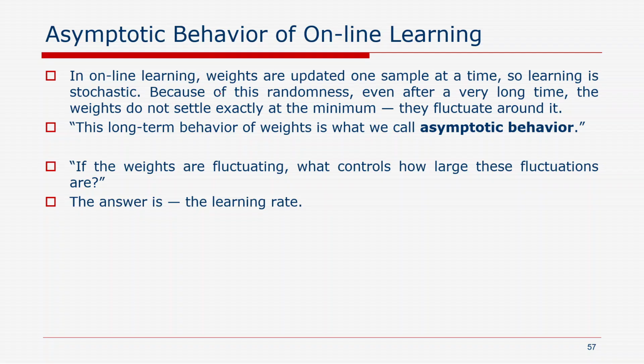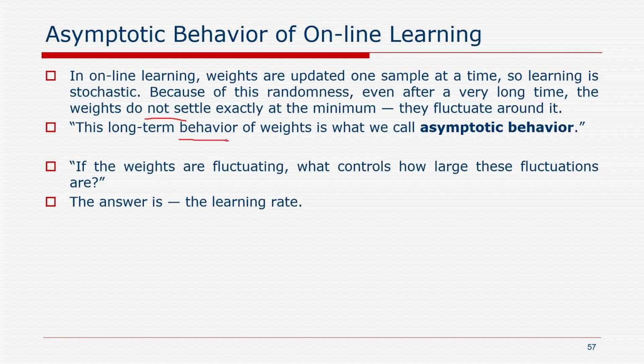In online learning, the weights are updated one sample at a time. That is what we have seen. So the learning is stochastic, because we draw samples from the given n training samples, any one sample at a time. Because of this randomness, even after a very long time, the weights don't settle exactly at the minimum. They may fluctuate around it.